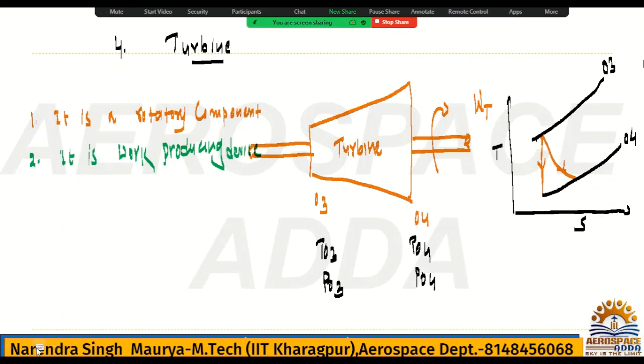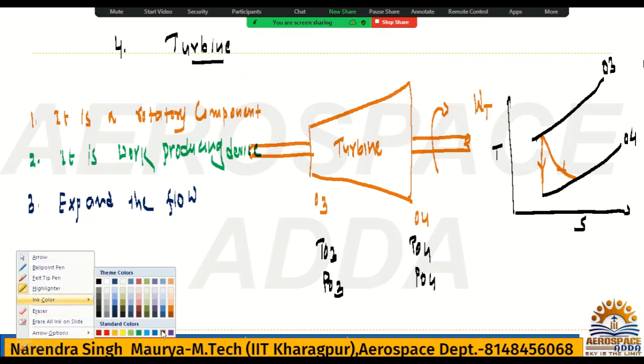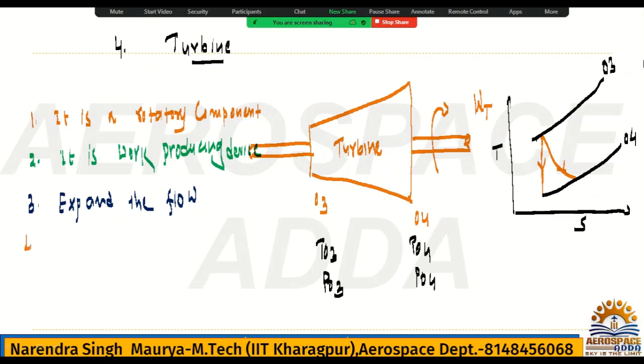Number 3, it will expand the flow. If it will expand the flow, then obviously fall of pressure and temperature.